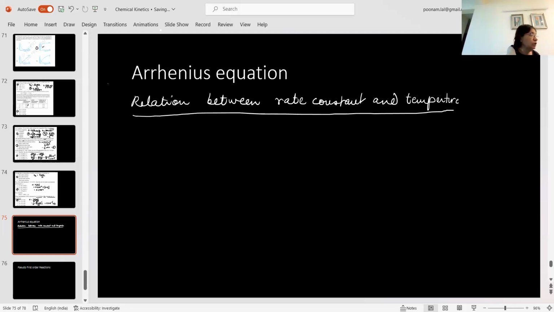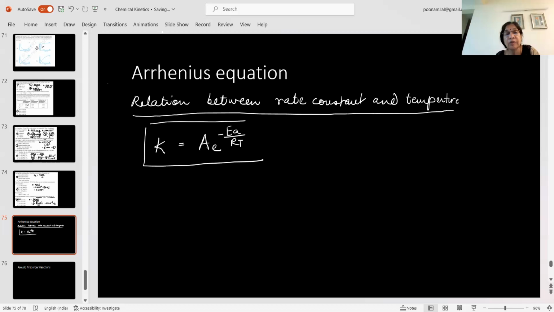The Arrhenius equation is that K is equal to A e raised to minus Ea by RT. You have to learn this equation. So, K is equal to A e raised to minus Ea by RT.